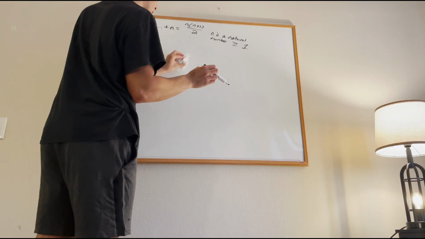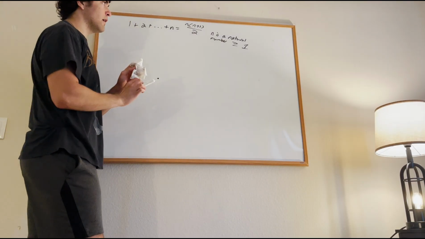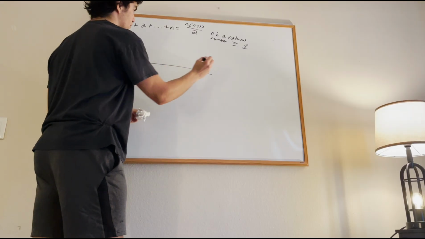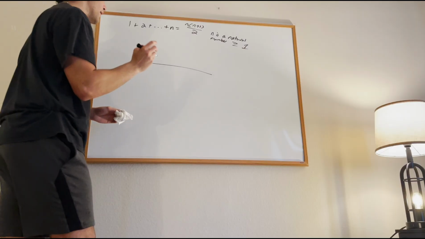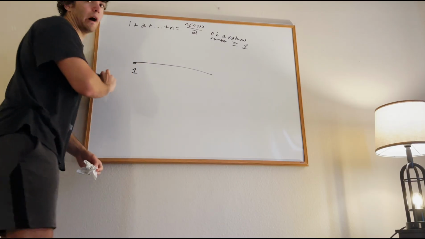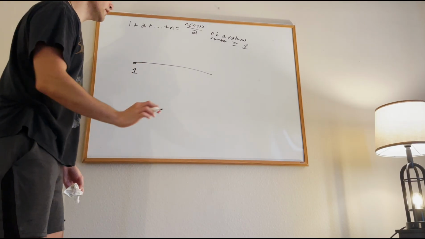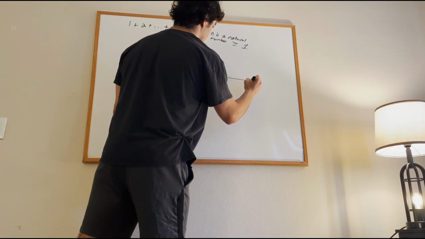So, okay, here's what we do. Proof by induction can apply as long as we have some lower bound, right? So here, our base case, or our lowest bound, is going to be 1, and then obviously the natural numbers go towards infinity. So this goes on and on and on.